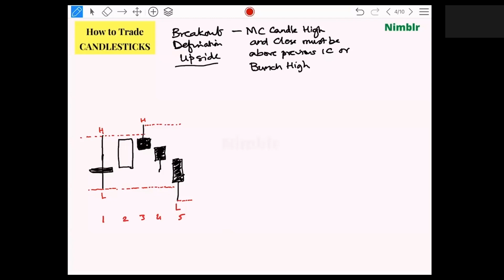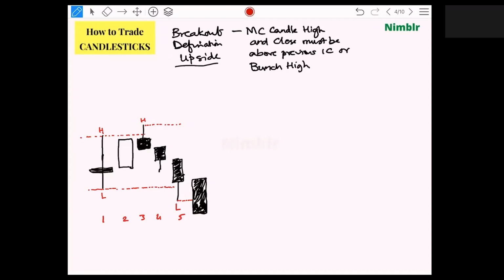Next, you are going to have this point coming in. So start here. You move down. Right? Same thing here. Move down. Now the candle closes here. Now this is a breakout. Why?